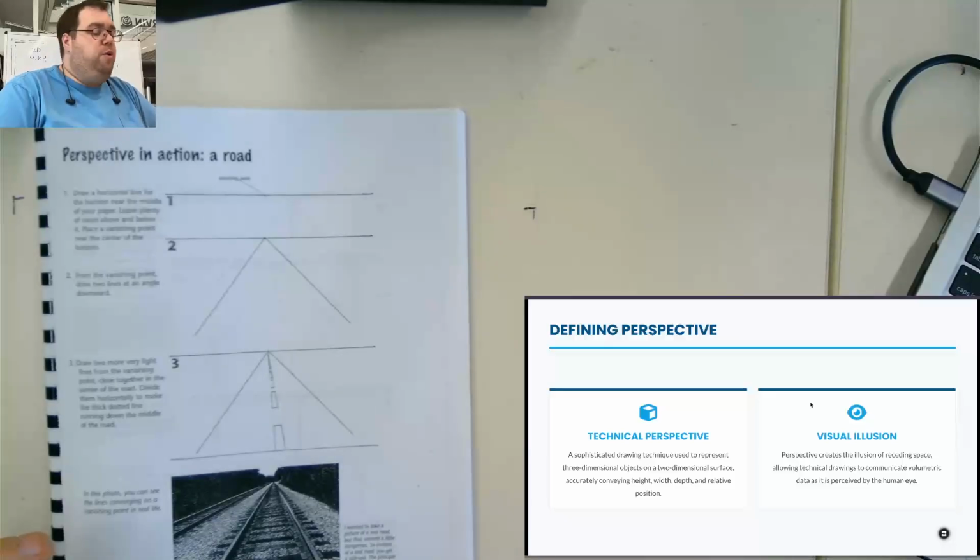What we're doing is creating a visual illusion, though. Perspectives create illusions of receding space. It allows technical drawings to communicate volumetric data as it is perceived by the human eye.